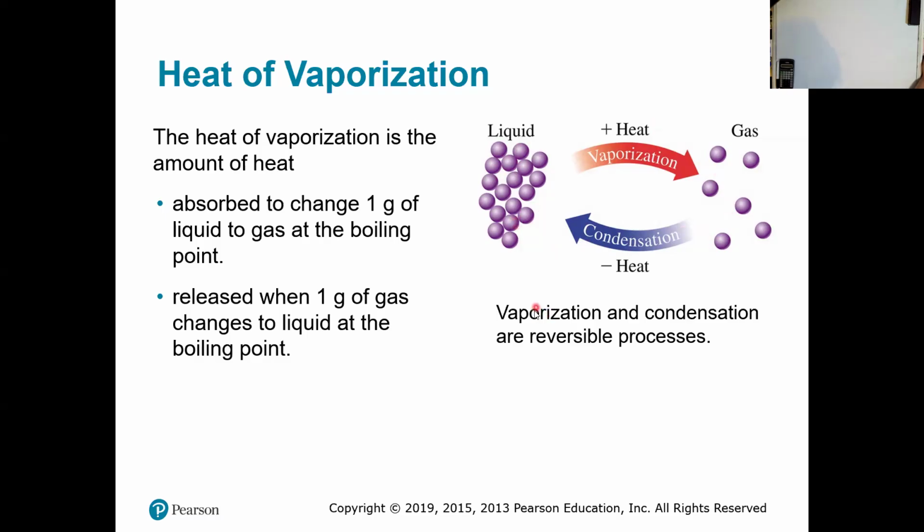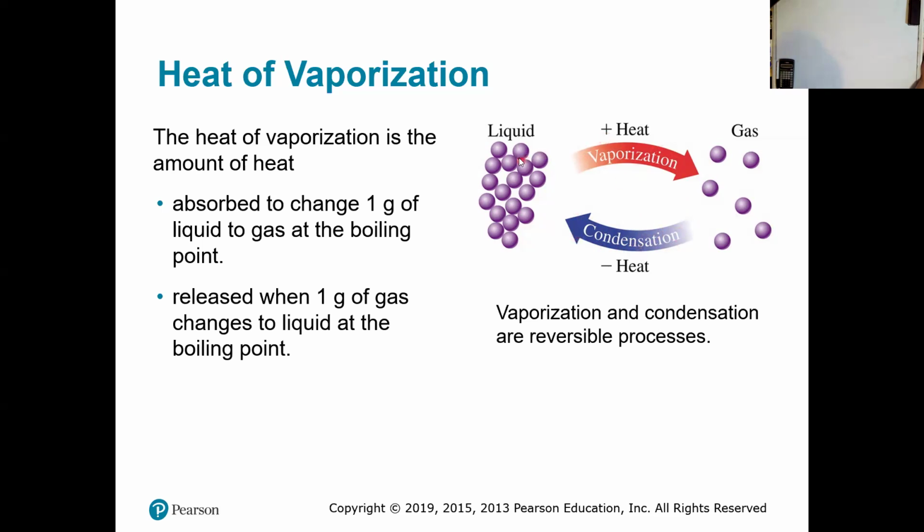Just like every other phase change, vaporization and condensation are reversible processes. And the numerical value for the heat of vaporization, and I guess we can call it the heat of condensation because it's the reverse of vaporization, the amount of energy needed for the vaporization process and the condensation process is the same number, right?